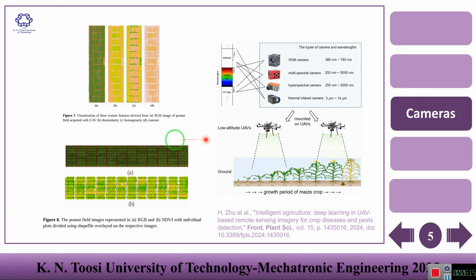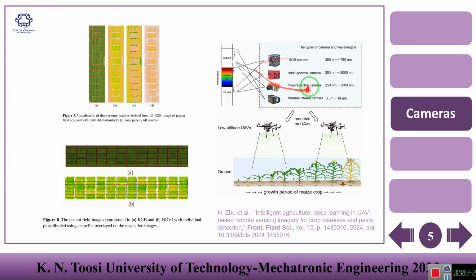And this is another picture. Subset A is an RGB image, and B, C, and D are the same image while being processed in a different way, but they're all being captured by RGB cameras.